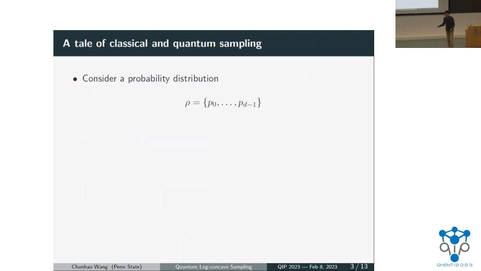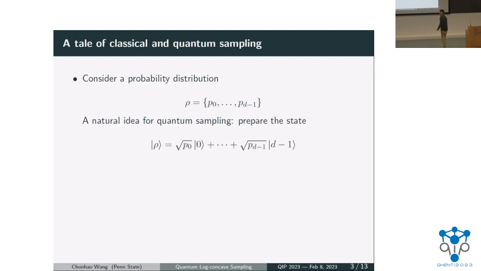So let me first tell you something about the relationship between classical sampling and quantum sampling. Suppose we have a probability distribution rho, whose probabilities are P0, P1, up to Pd minus 1. A natural idea for using a quantum computer to sample from this distribution is to prepare this quantum state, where we just encode the probabilities into the amplitudes.